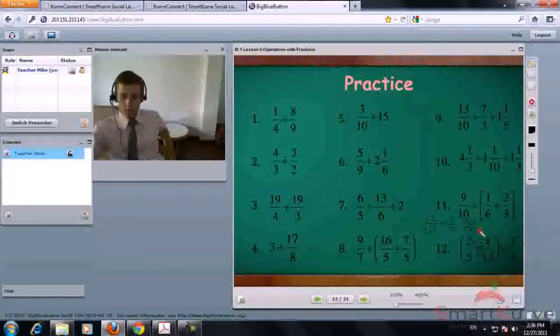If we divide both by 2, we have 18 on the top, 70 on the bottom. We can divide it by 2 again. 9 on the top, 35 on the bottom. So the highest common factor was a 4, giving us 9 over 35.